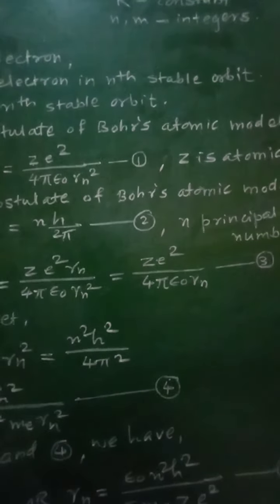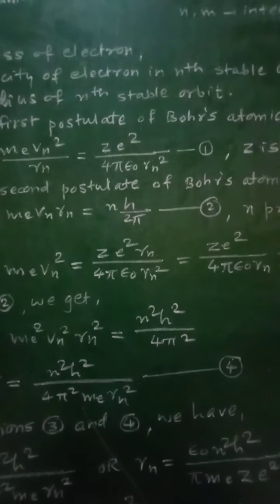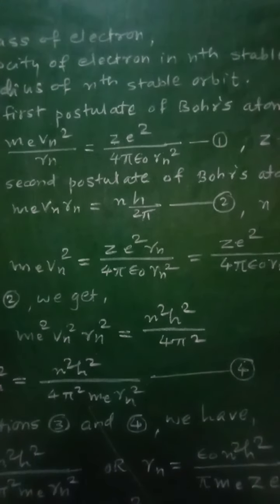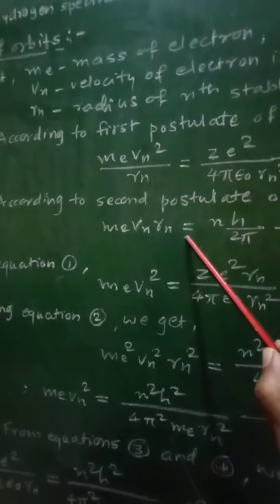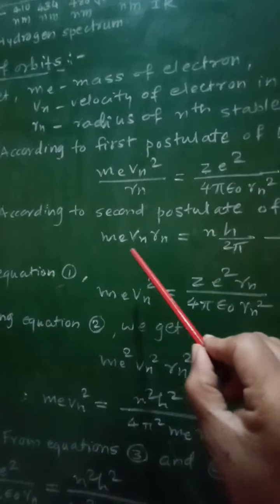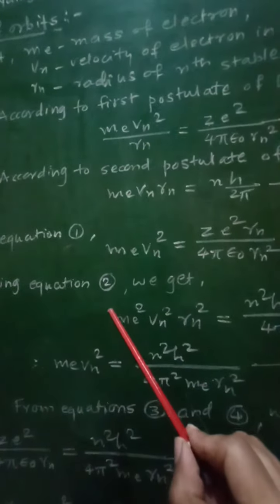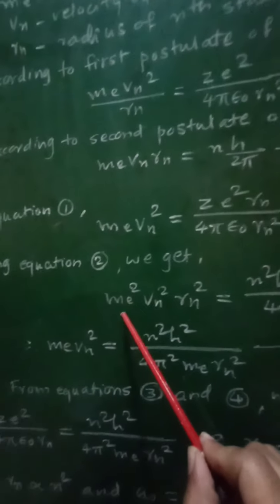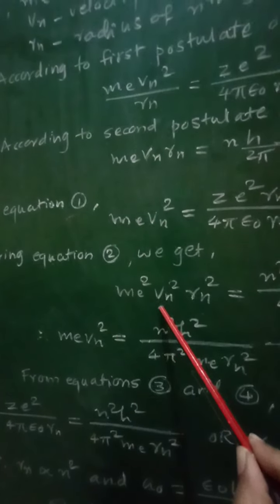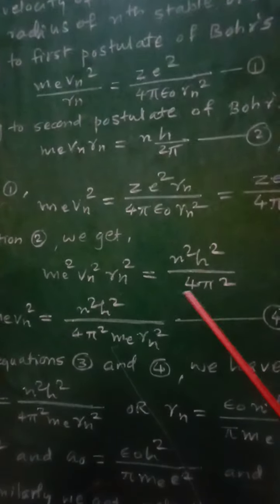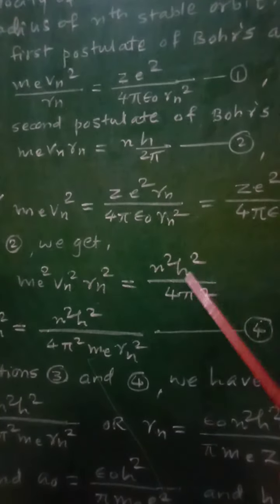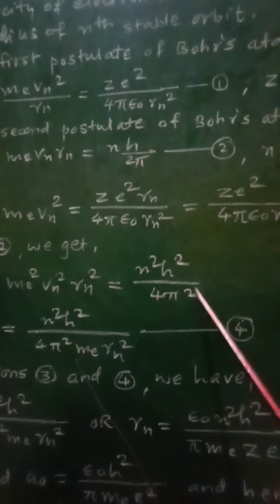Similarly, from the second equation we will again get an equation for me Pn square, and therefore we square equation number 2. So we have to square this equation, and squaring it we get me square Pn square Rn square on the left side equal to n square h square upon 4 pi square.